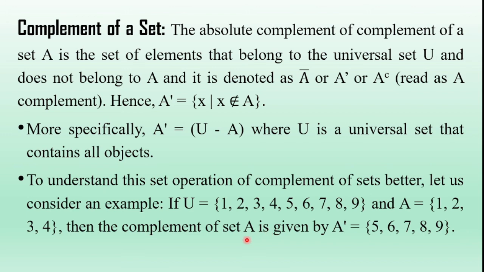Then the complement of the set A is given by A dash equal to the universal set minus A, subtracting the set A from the universal set. The set A is {1, 2, 3, 4}. After subtracting from the universal set, the complement of the set A is {5, 6, 7, 8, 9}.